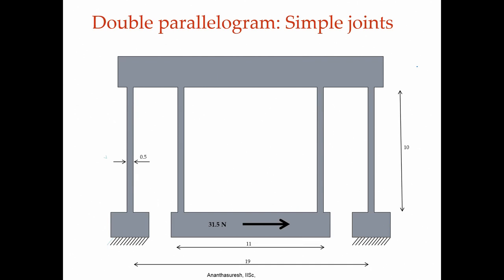So, let us look at this double parallelogram mechanism, or what we call the folded beam suspension, where with these flexure beams, when you say simple joints, we are actually using elastic segments. They are not really joints, they are segments. So, simple beams or slender beams.